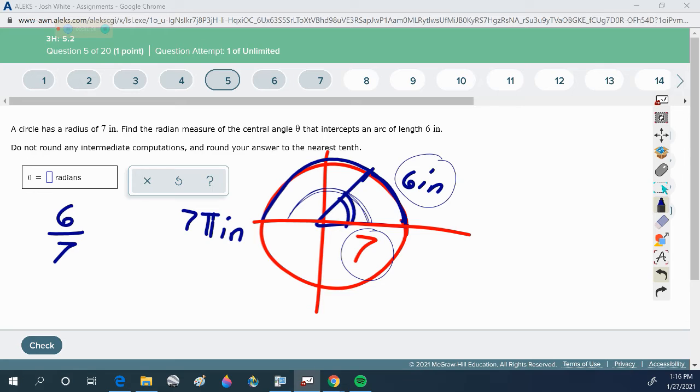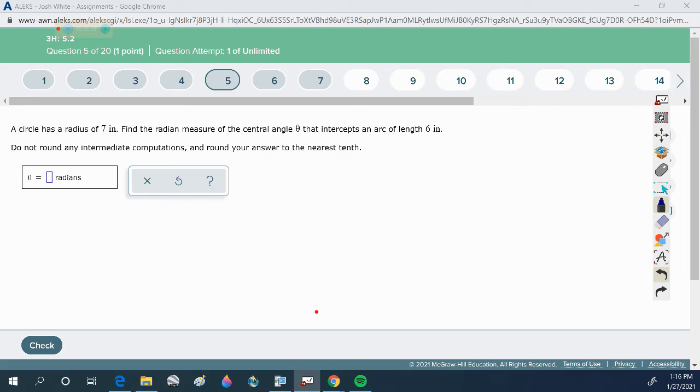So how do we figure out the angle? So it's kind of difficult. Okay, hold on a second. What if we did this?